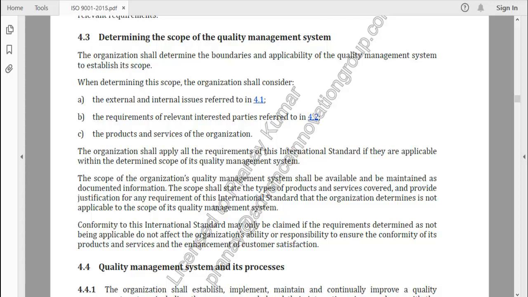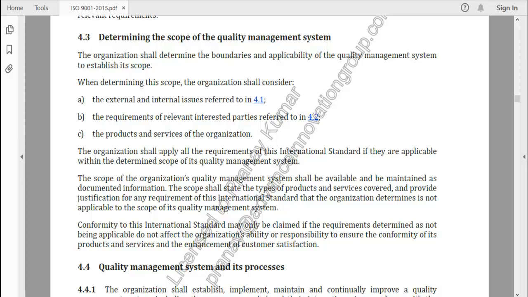But the India unit is essentially a sales driven company only. They are not producing any product here. So wherever design and development of the product related requirements are mentioned in the ISO 9001 clauses, the India unit chose to take exclusion, and it was justified.